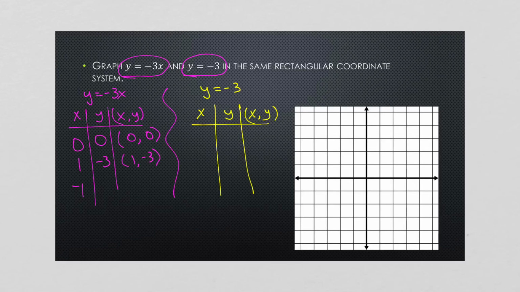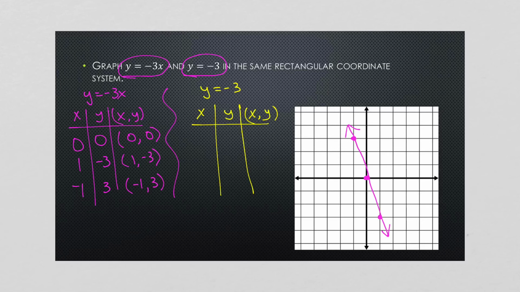And whenever I put in negative 1, negative 1 times negative 3 is positive 3. Okay, so those are my 3 points for y equals negative 3x. So it goes right here, and right here. Okay, so notice how this line crosses the x-axis and it crosses the y-axis.